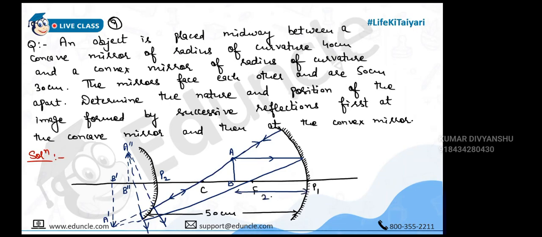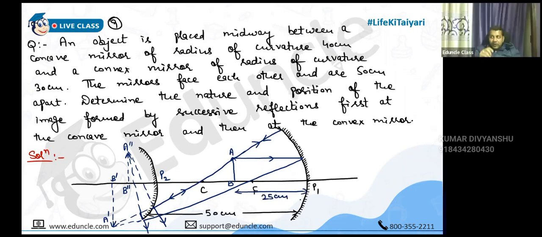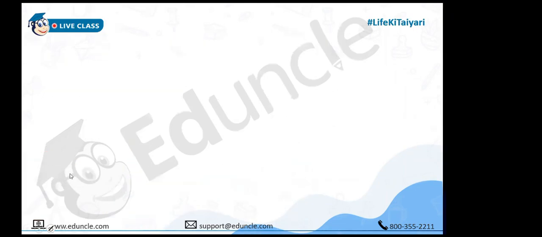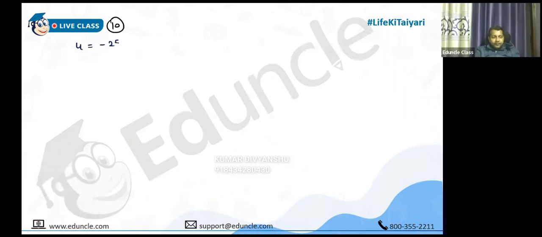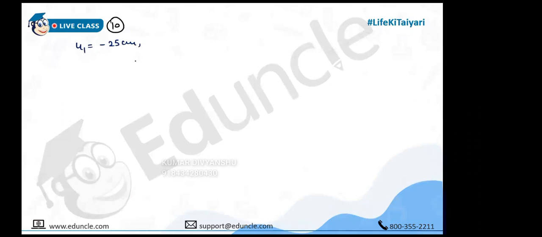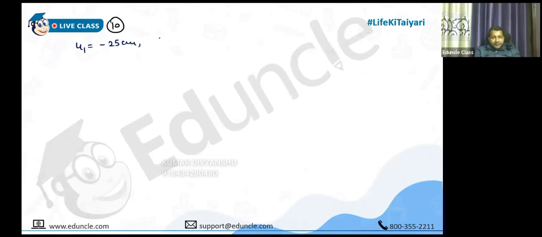So this will be u. Can I call it u1? I think that will be better. Okay. Yes, sir. Otherwise it will make it complex. So R1 minus 40, it was 40, yes. Minus 20.